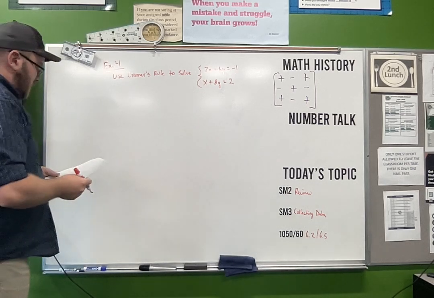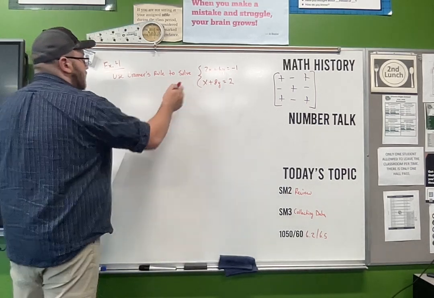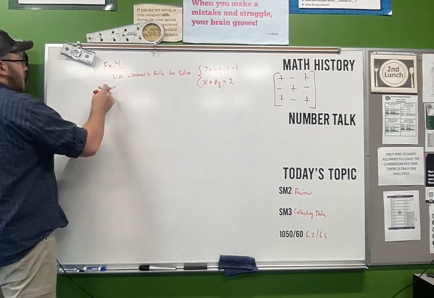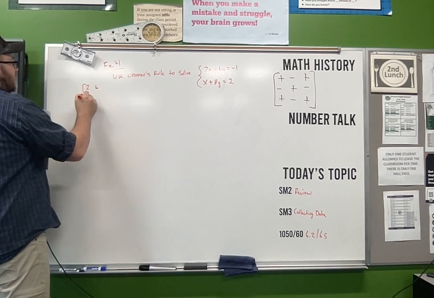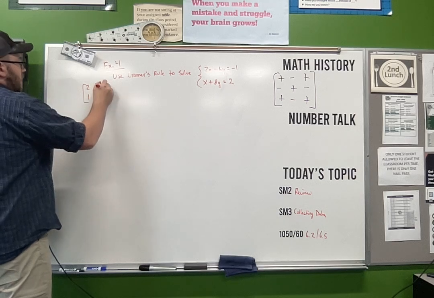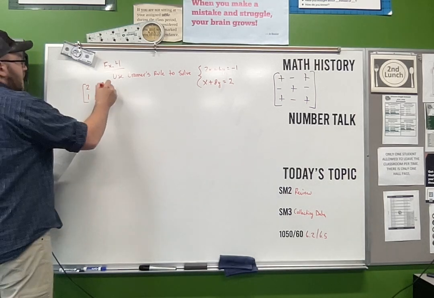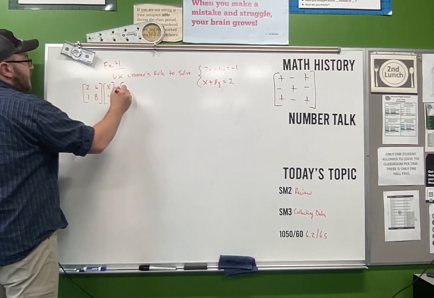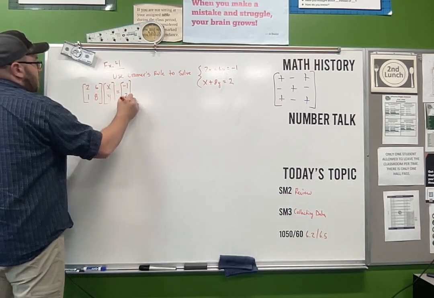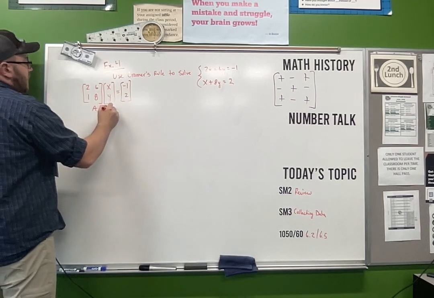All right. So let's make our matrix equation. So the coefficient matrix is 2, 6, 1, 8. And then our variable matrix is x, y, and that equals the solution matrix, which is -1, 2. So this is A, X, B.